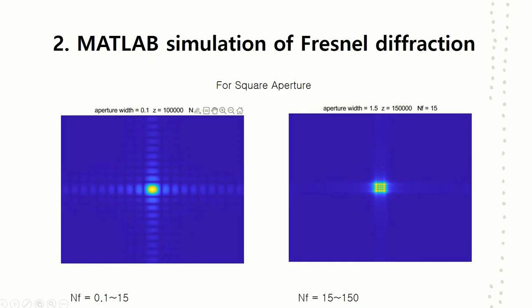This is Fresnel diffraction for a square aperture. The first one is the case of small to large Fresnel number, where we can see Fraunhofer diffraction changing to Fresnel diffraction. And the second one is for large Fresnel number, which represents Fresnel diffraction.